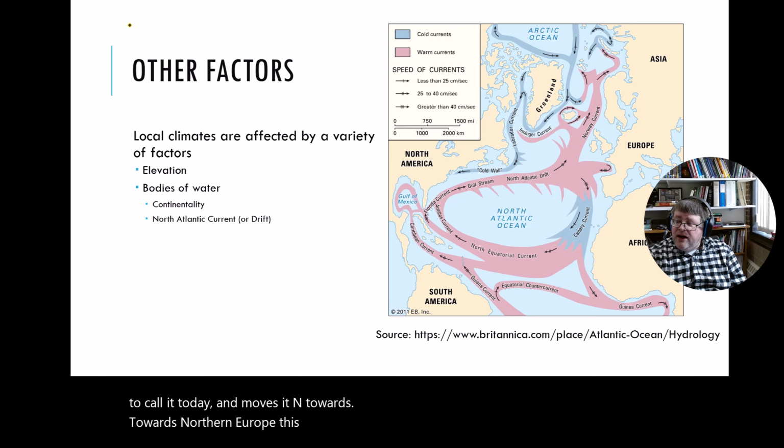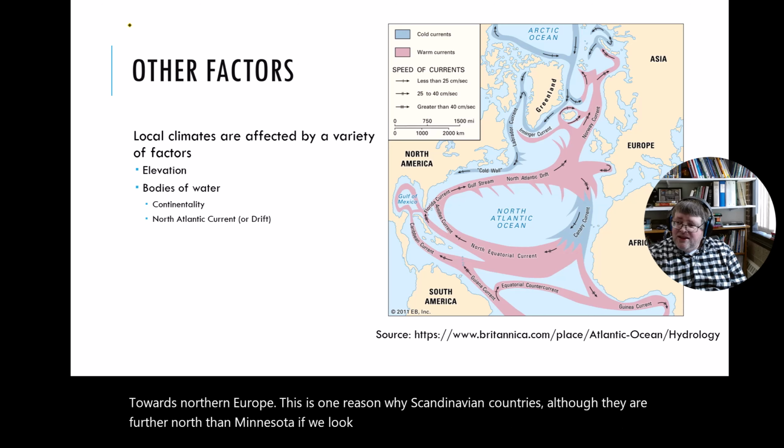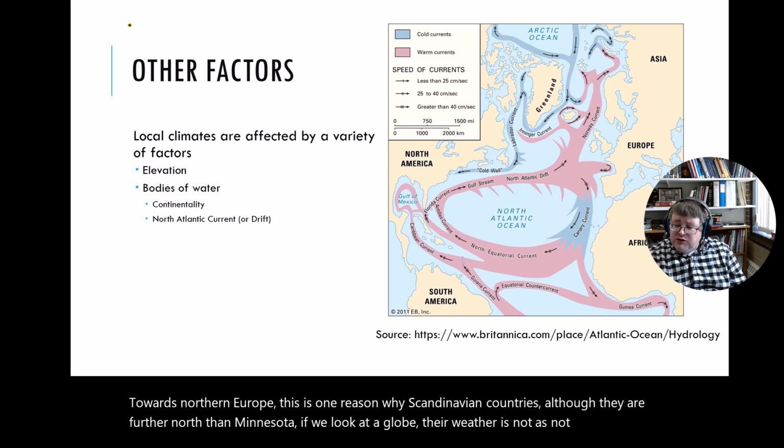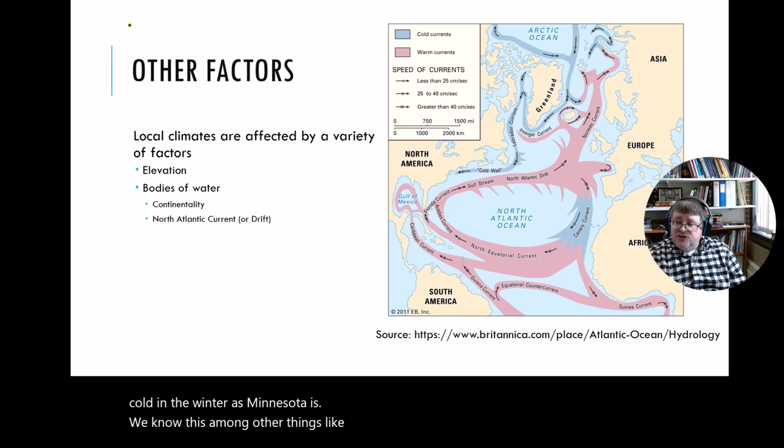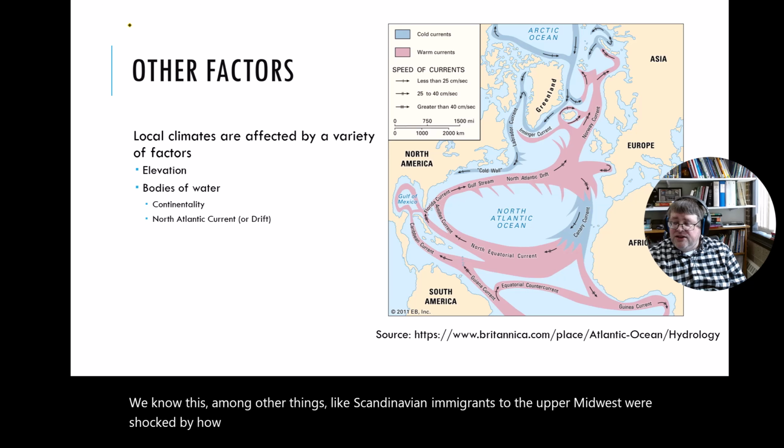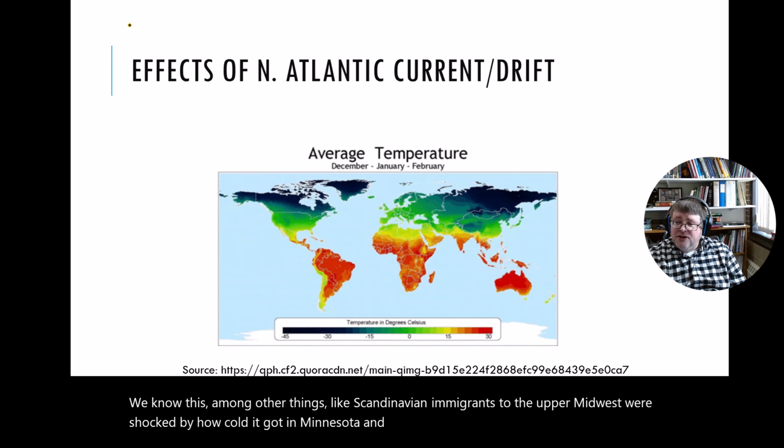This is one reason why Scandinavian countries, although they are further north than Minnesota if we look at a globe, their weather is not as extremely cold in the winter as Minnesota is. We know this among other things, like Scandinavian immigrants to the upper Midwest were shocked by how cold it got in Minnesota and the Dakotas in the winter.